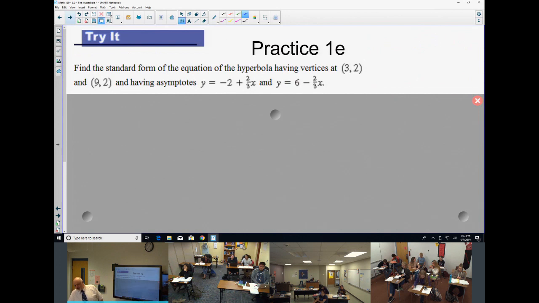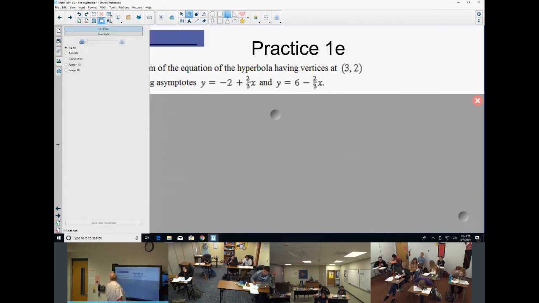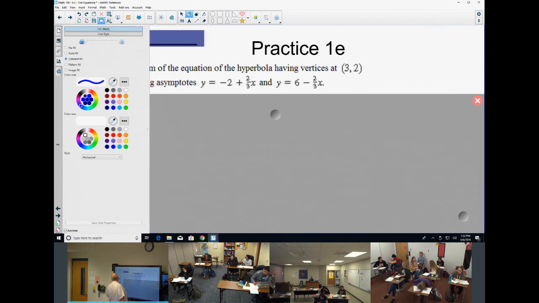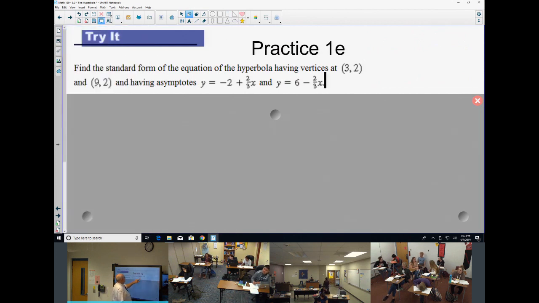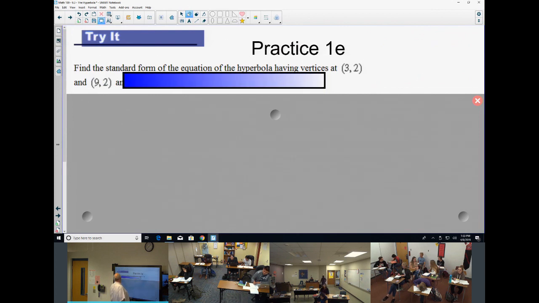All right, so on practice 1F, wait, I think this should be 1F. All I want you to do is find the center. So you don't need the asymptote. So we just want to find the center.